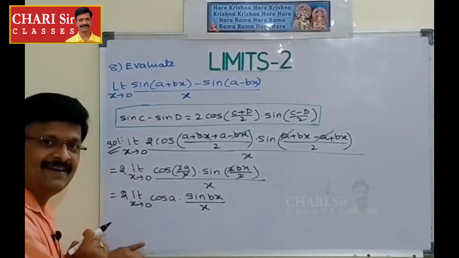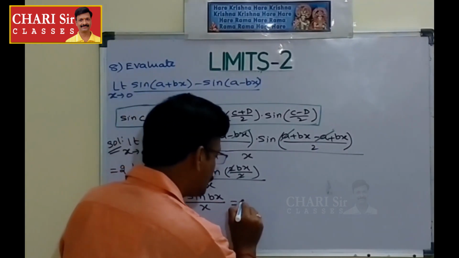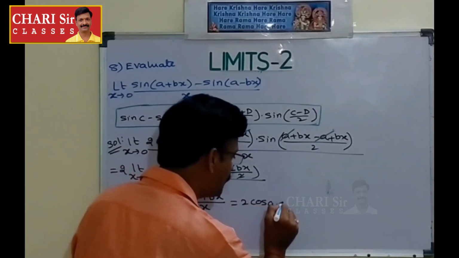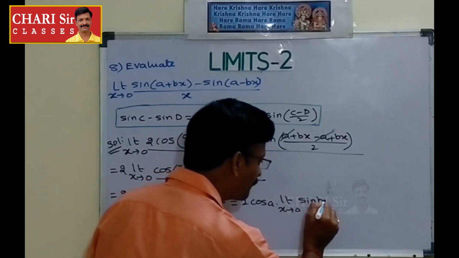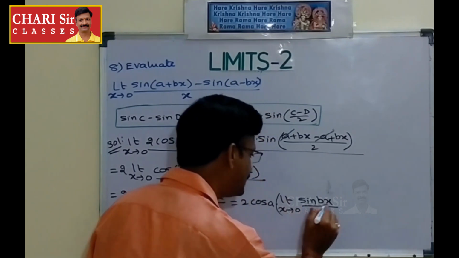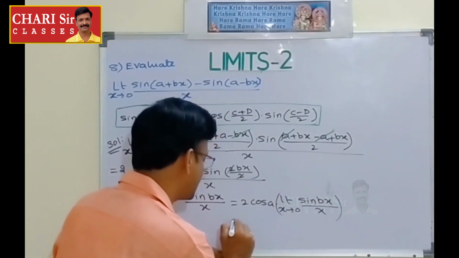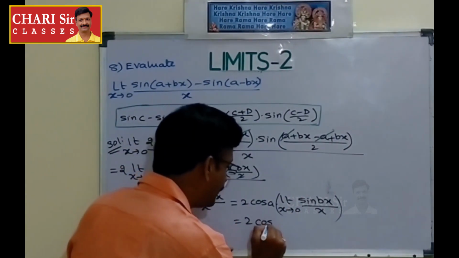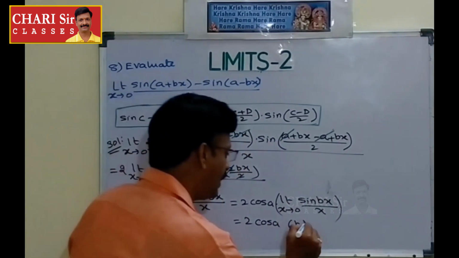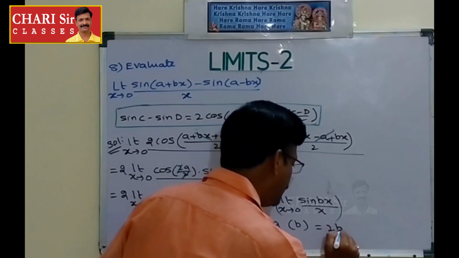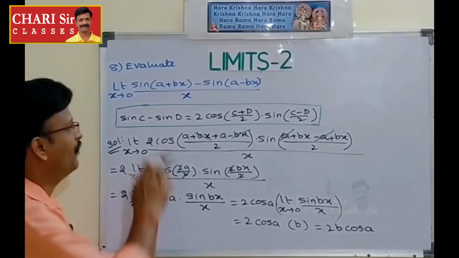Here cos a is constant, so we write cos a outside: 2 cos a into limit x tends to 0 of sin bx by x. The limit of sin bx by x is b. So that equals 2b cos a. 2b cos a is the limit value of the given function.